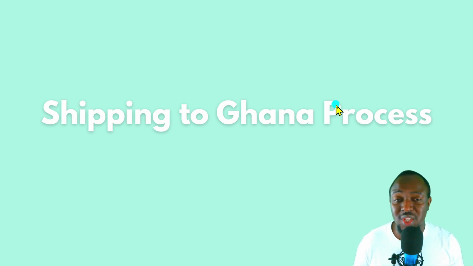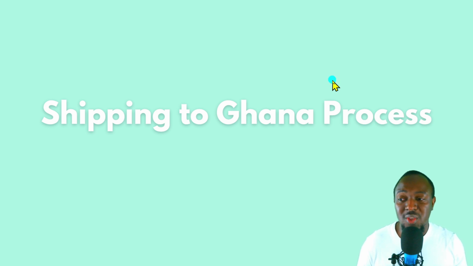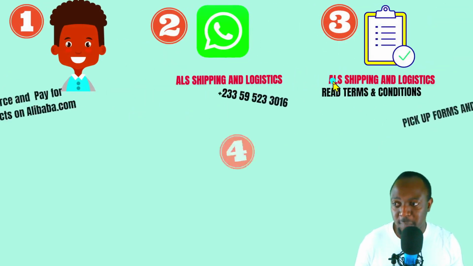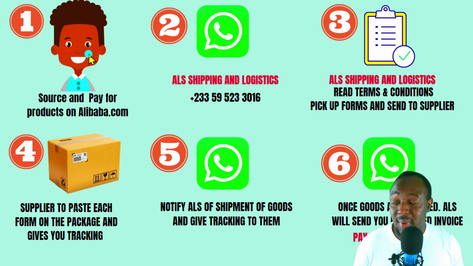Now, what's the process of shipping your product from China to Ghana, from Alibaba to Ghana, using ALS shipment? This is Kwame Chumesi right here. I'll source for my product, talk to my supplier, do my payments and everything. Then before the supplier ships the product, I'll go to ALS logistics. I'll just WhatsApp this number, and they'll give me their terms and conditions.